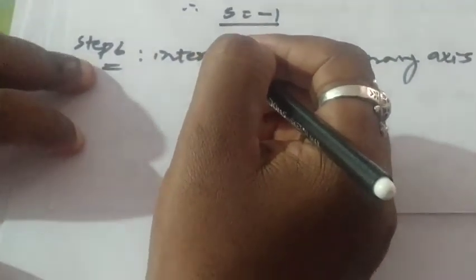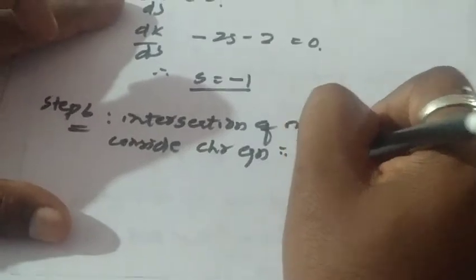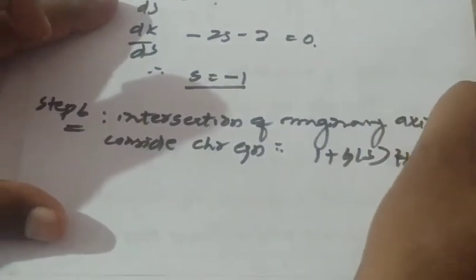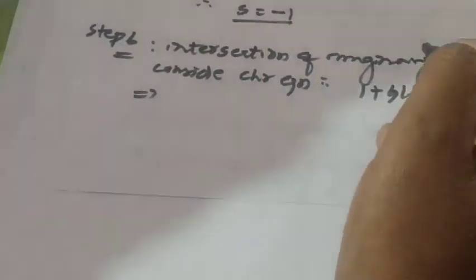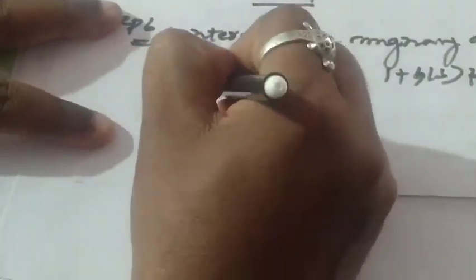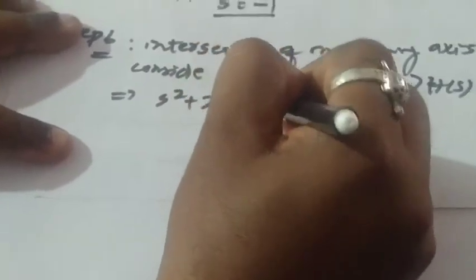To get this, you have to consider the characteristic equation, 1 plus G of s into H of s equal to 0. It is already calculated above: s square plus 2s plus K is equal to 0.